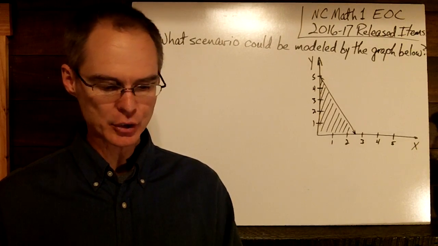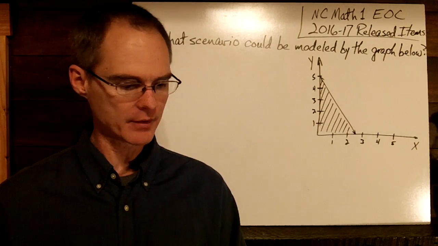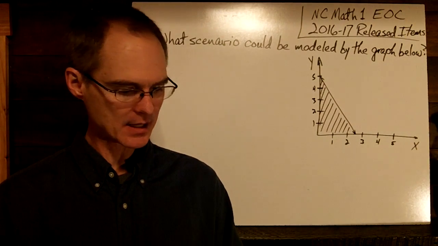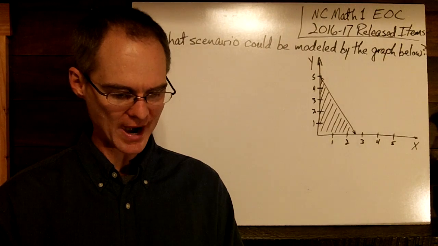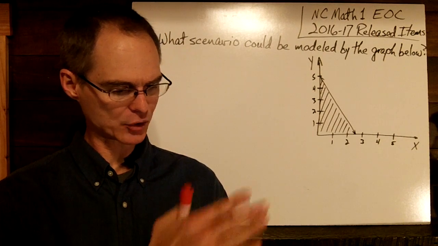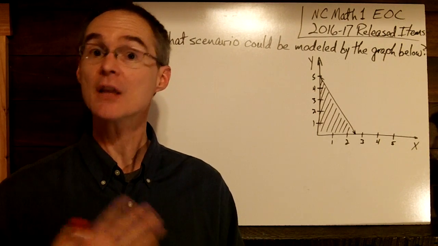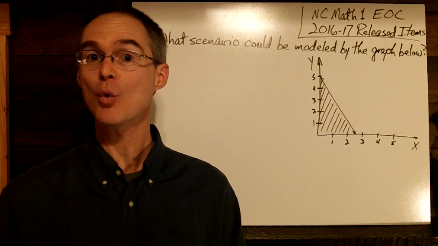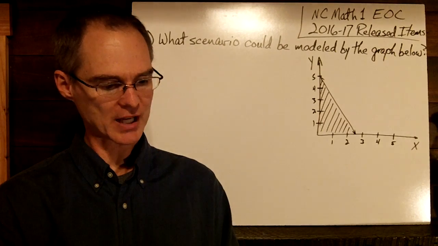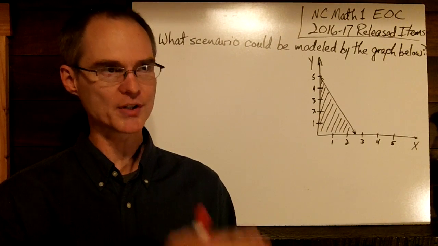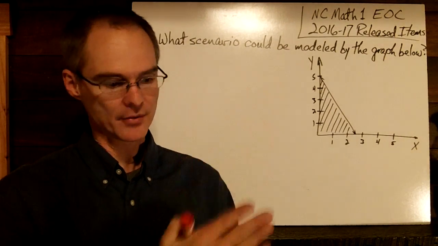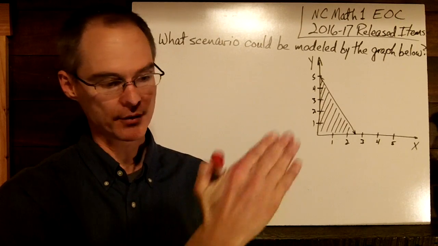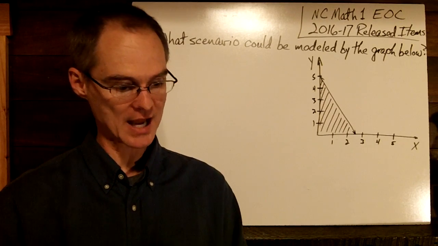The first thing I usually do is a quick scan of the problem. I can see on the paper a graph of a straight line that's shaded underneath, which tells me I'm probably looking at some type of inequality. All the shaded points represent points that are less than the value of that straight line.